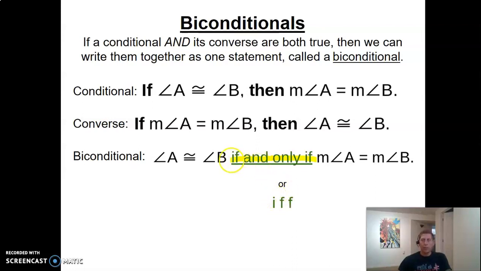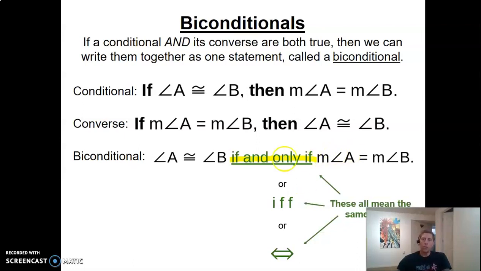We can also write if and only if as IFF, or we could also write it as a double-sided arrow, which I pointed out last week. So that double-sided arrow and IFF both mean if and only if. Again, notation and writing shorthand in proofs and things like that, we're going to be doing a lot of that.